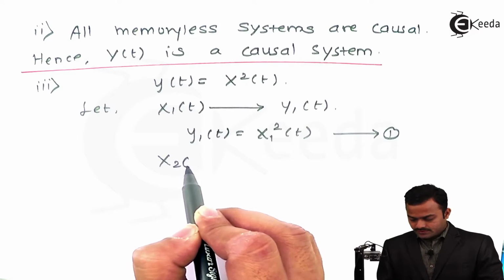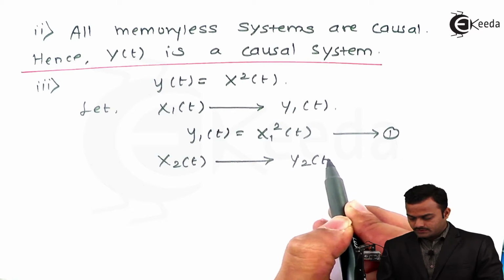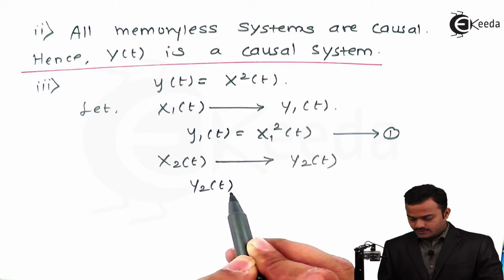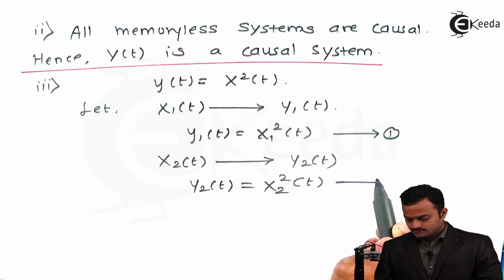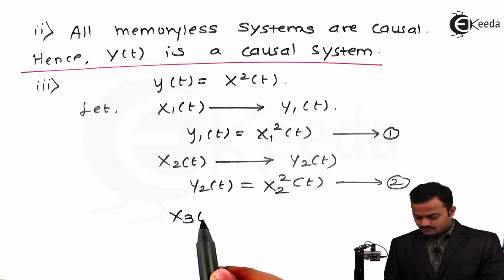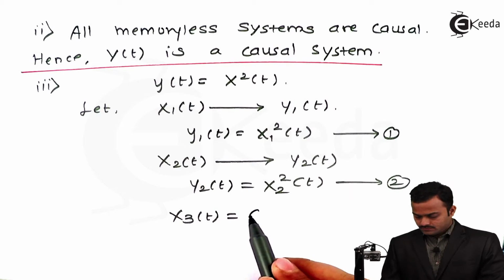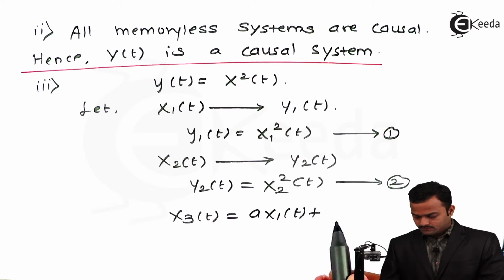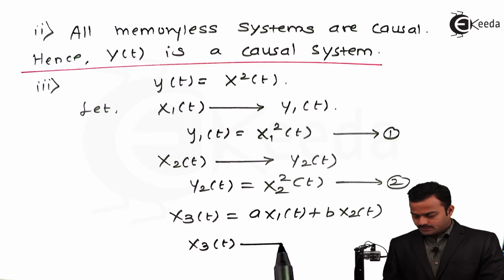One more input x2t is given to the system to obtain y2t, and y2t is x2 square t. Equation number 2. The third input is x3, which is a linear combination of x1 and x2, a x1t plus b x2t. It is given to the system to obtain the output y3t.